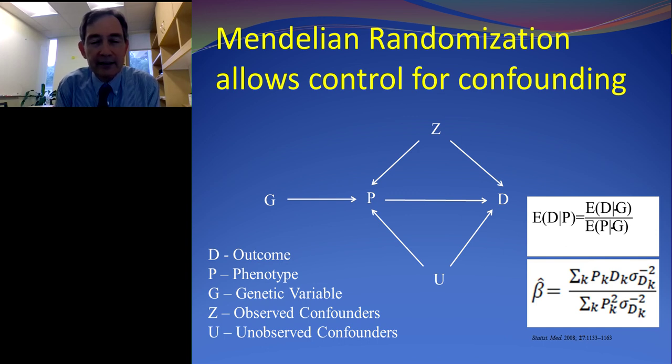So in this case, smoking is a confounder for the effect of BMI on cancer, or reverse causality.